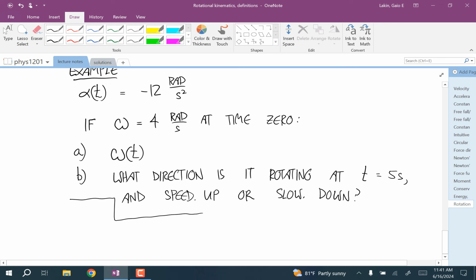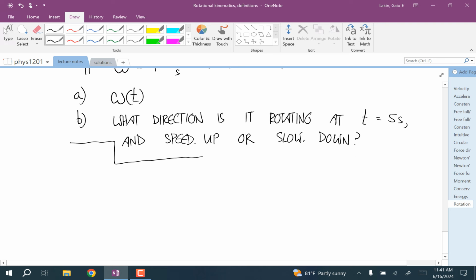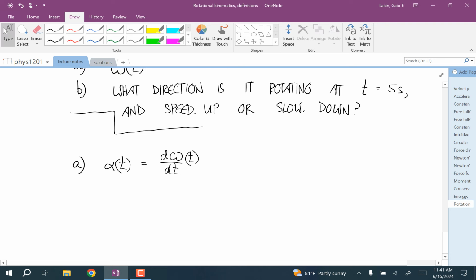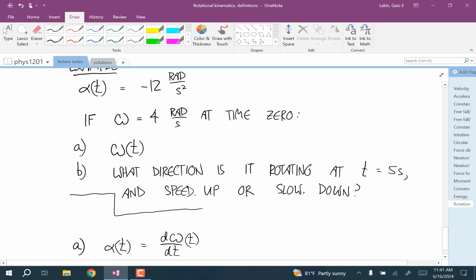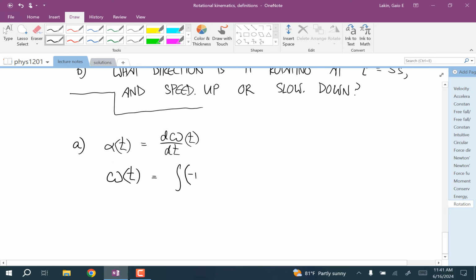Okay. Well, we're going to use the derivative relationship, but the derivative relationship says that alpha is the derivative of omega, which means we're going to have to use the integral for this. So omega is the integral of alpha, and our alpha is negative 12, with respect to time. And so that is negative 12t plus a constant of integration.